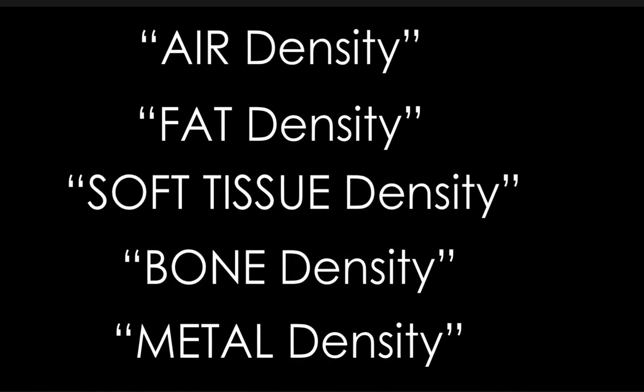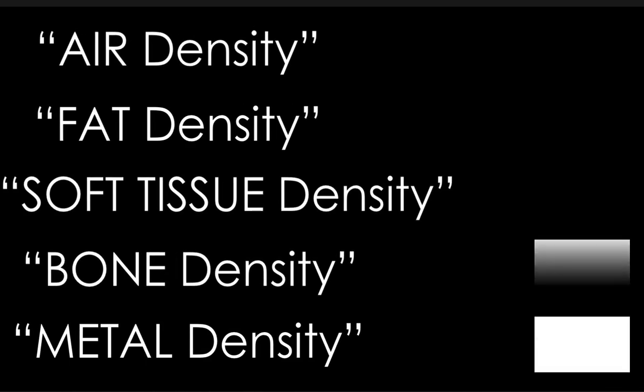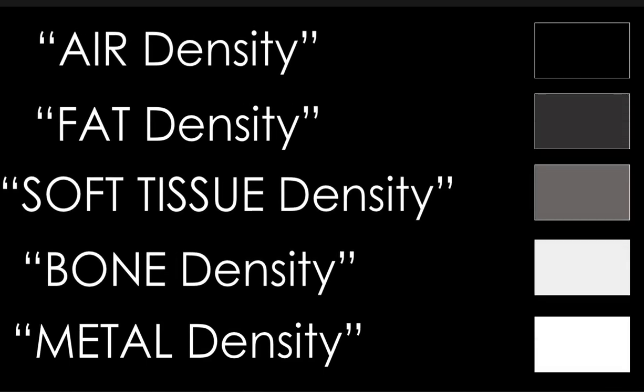And if we go all the way back to our first talk, remember that things look the way they look on a radiograph because of how many x-rays they block, and air in the pleura is going to block fewer x-rays than air in the lungs, because even though there's a lot of air in the lungs, there's also the architecture of the lung that is a little bit of soft tissue density that is going to block some x-rays, but that's not going to be the case, or it is to a much lesser degree, when we've got air in the pleura.